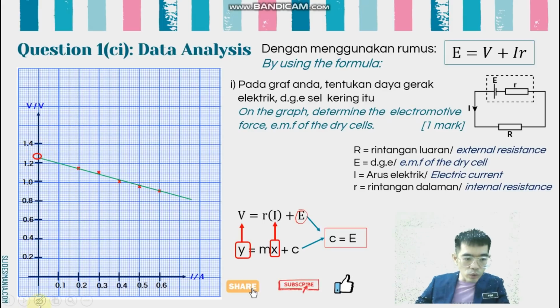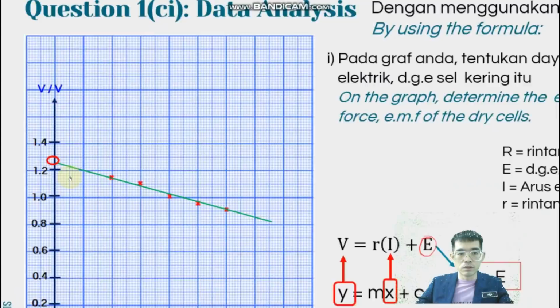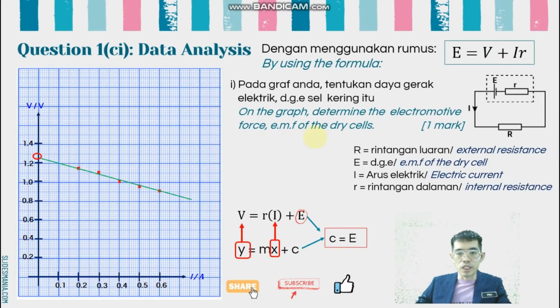From here, you can zoom in and see, here is about 0.06. So here the E.M.F. will be 1.26, 1.2 plus 0.06, so we get 1.26 volts.